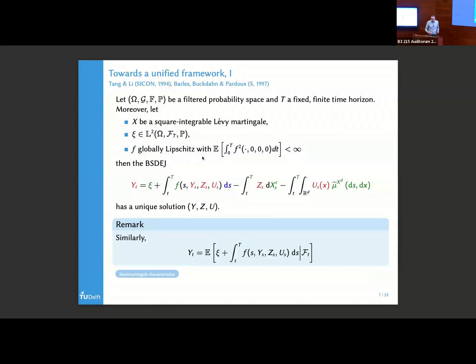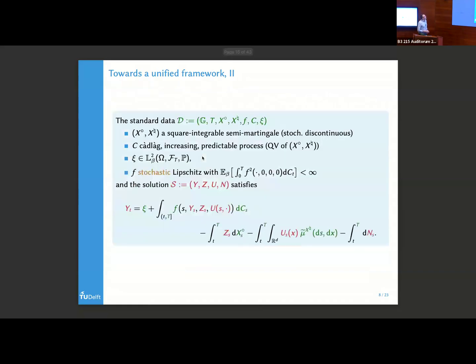Okay, so I think now we have all the tools that we need in order to describe general BSDEs. Okay, so again, for general BSDEs, green is the data that you are given, everything that you know from the beginning. The red is the solution. So here we consider a square integrable martingale, which can be stochastically discontinuous.